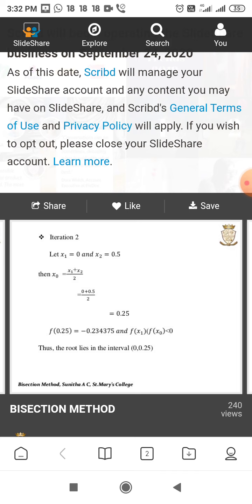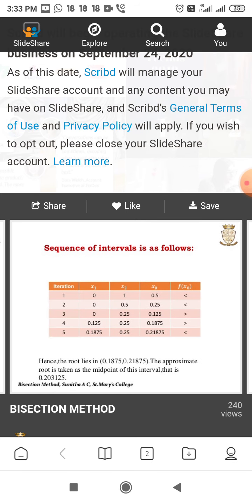If we multiply f(0) and f(0.25), it gives a negative value. So the root lies between 0 and 0.25, since f(0) is positive and f(0.25) is negative.